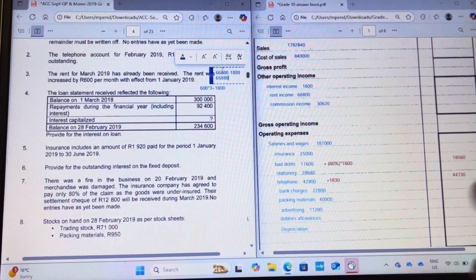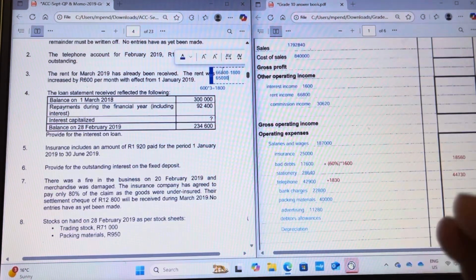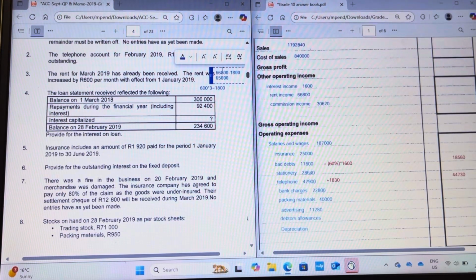This 65,000 is the total amount received for the 13 months, because March is included. So we divide this by 13 in order to find our monthly rent. And our monthly rent is 5,000 Rand.